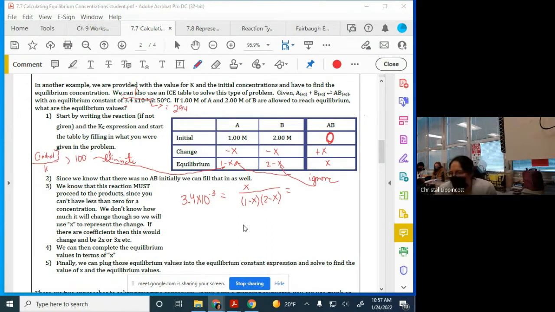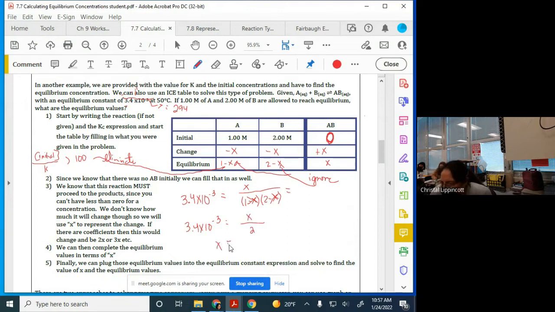All right, so what that means is we can ignore these x's because whatever we solve for x is going to be so small that it's not going to dent this 1 or this 2 enough to make a difference. Does that make sense? It's not going to have enough impact to where we need to throw that into our calculation. So if I rewrite this, 3.4 times 10 to the minus 3 equals 1 times 2, because I'm ignoring these x's now, 1 times 2 is 2 over x.